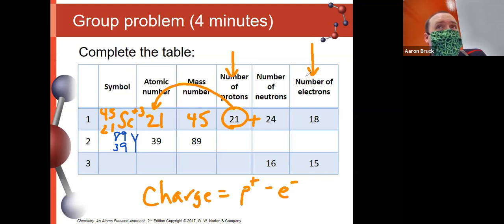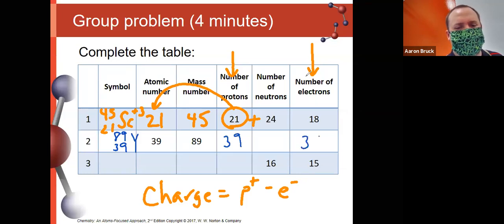Technically, I could put anything I wanted in there within reason. For the sake of argument, let's just keep it neutral. So I would have 39 protons, 39 electrons if it's going to be neutral, and 50 neutrons. 39 plus 50 gives me 89.